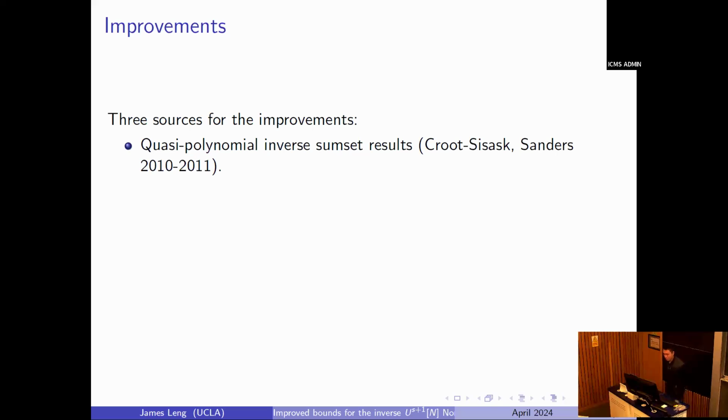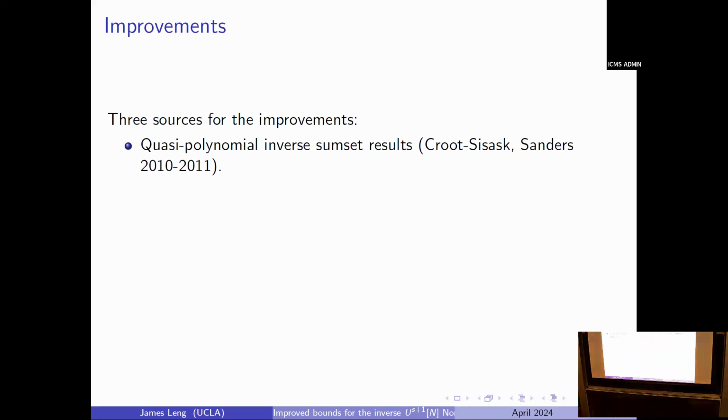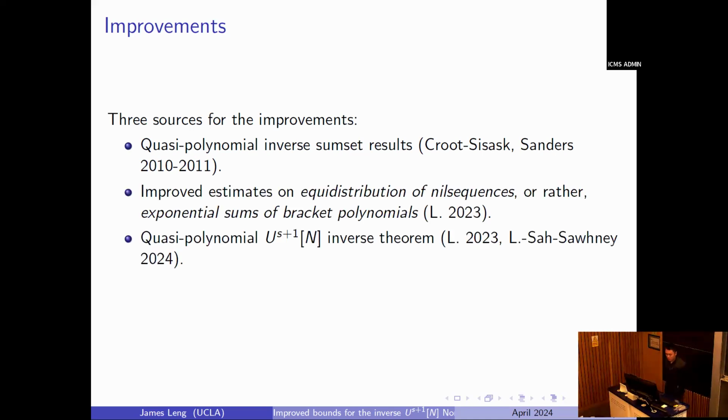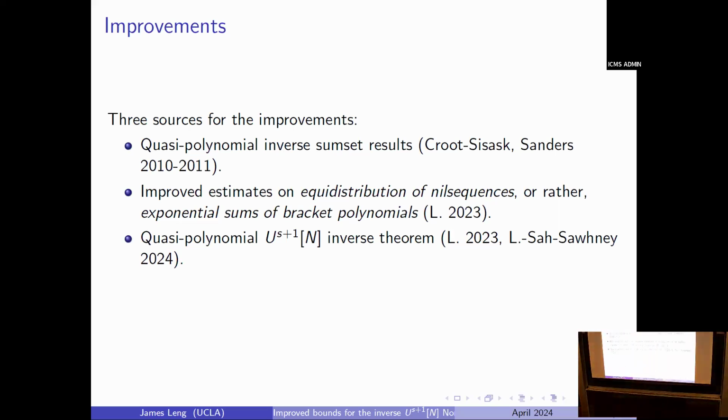So there are three sources for improvements. The first, primary source of improvement is the quasi-polynomial sum-set result. The second one is the improved estimates on equidistribution of nilsequences or exponential sums of bracket polynomials. The third result is the quasi-polynomial inverse theorem.